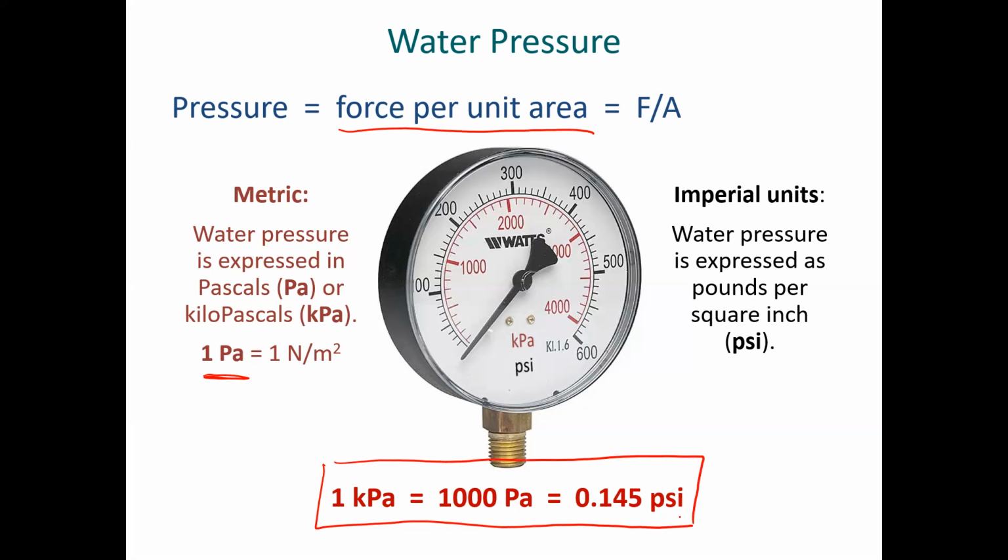You may be familiar with the imperial units, which is pounds per square inch. And that's the conversion factor there. You can see both of those are actually on that particular gauge that's in there. So we are going to be using the metric system, but like anything, it's very easy to convert. You can find conversion factors on the internet. In fact, Google will convert things for you if you put that into the search bar, which is always very nice.